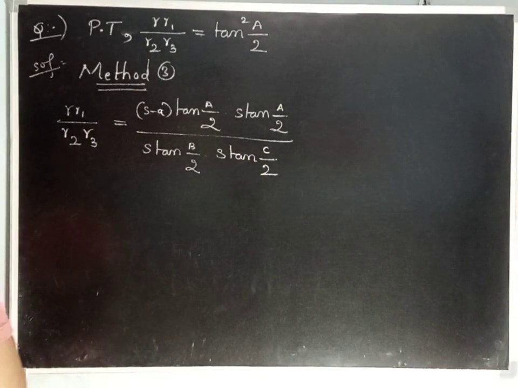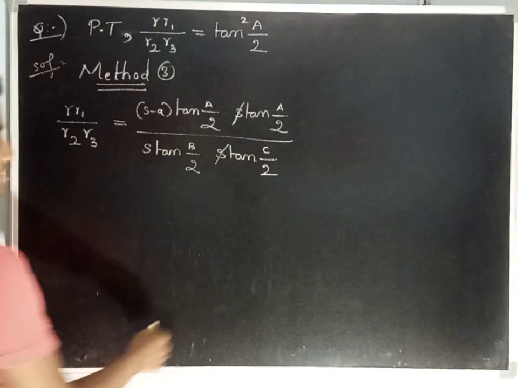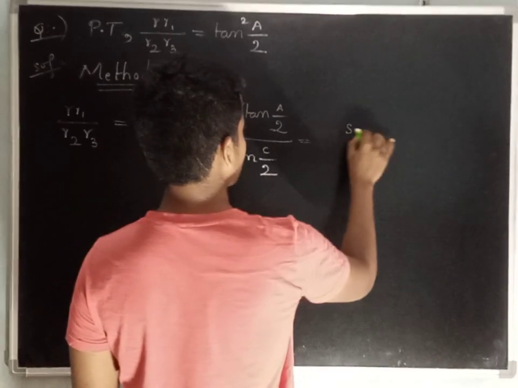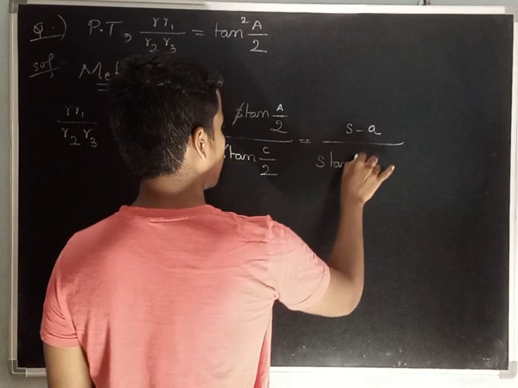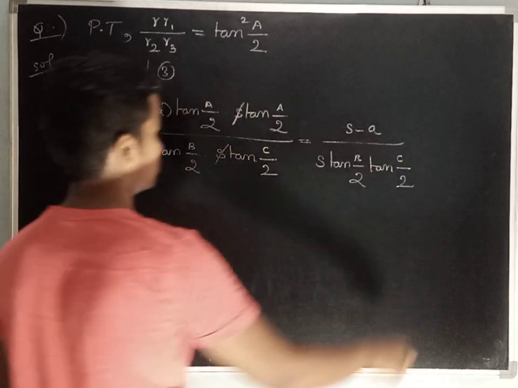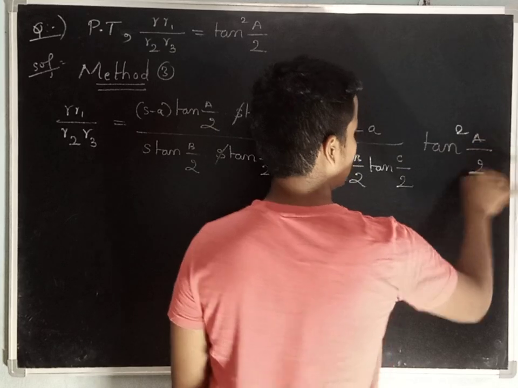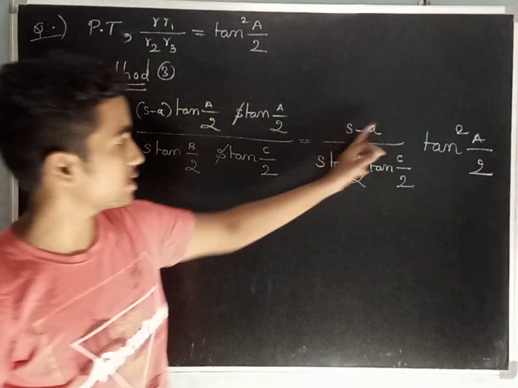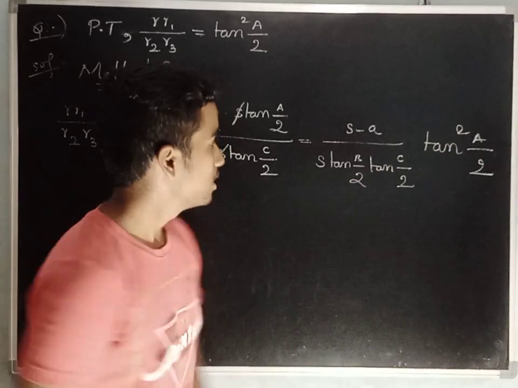Now here s gets cancelled. It can be written as s minus a by s into tan B by 2 tan C by 2 into tan square A by 2.